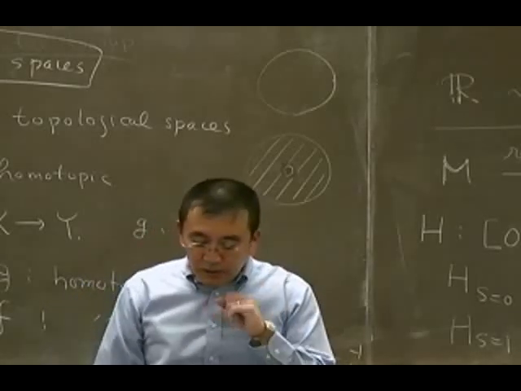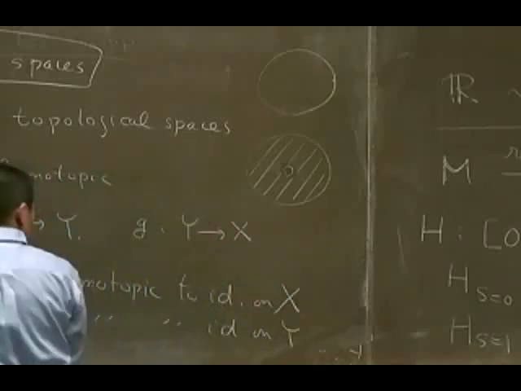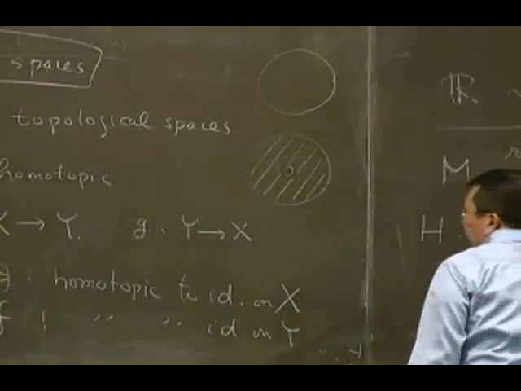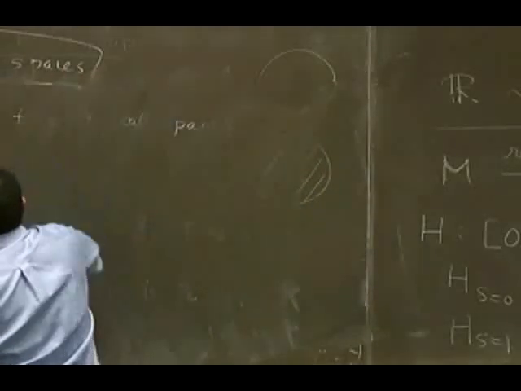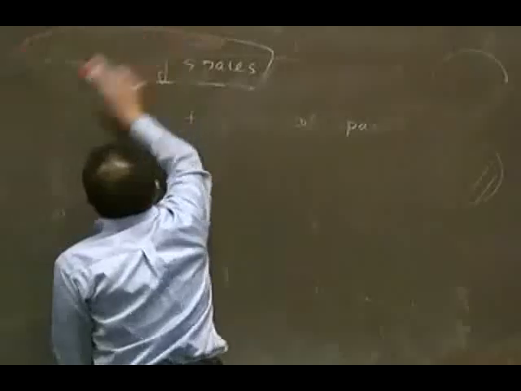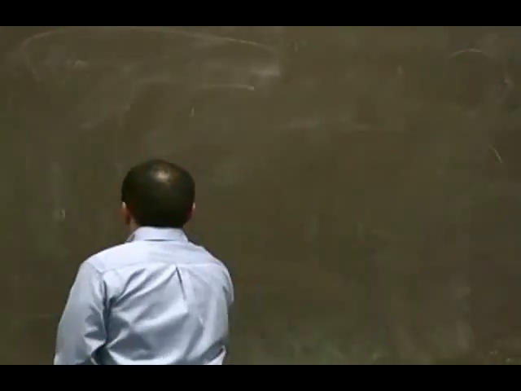for example, if you have a contractible space, okay, so that's a question. Maybe I can pose that as a question, and then trying to help solve that could help you understand this definition of deformation retract.